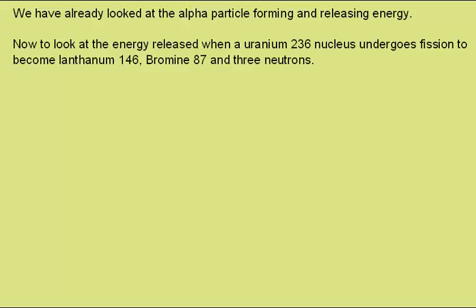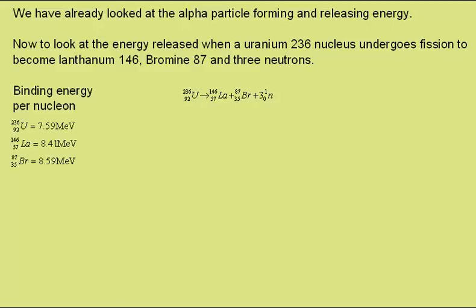Now we'll look at the energy released when a uranium-236 nucleus undergoes fission to become lanthanum-146, bromine-87 and 3 neutrons. So I've shown that here. The uranium-236 becomes lanthanum-146, bromine-87 and 3 neutrons. Here we've got the binding energy per nucleon for uranium-236, lanthanum-146 and bromine-87.